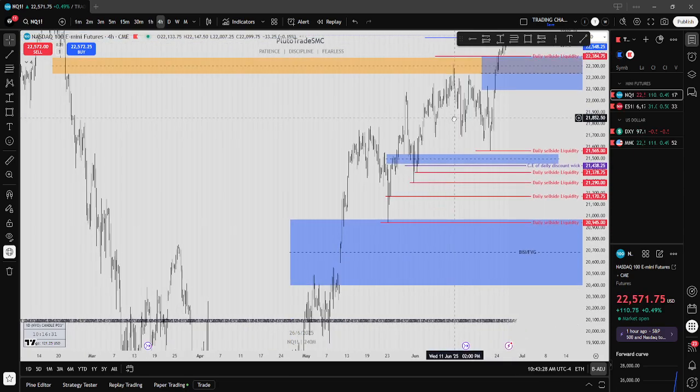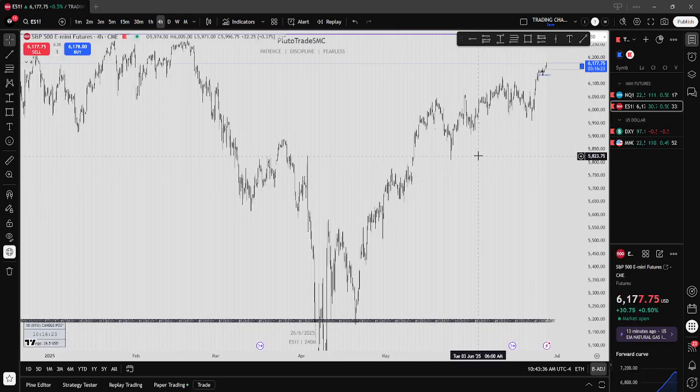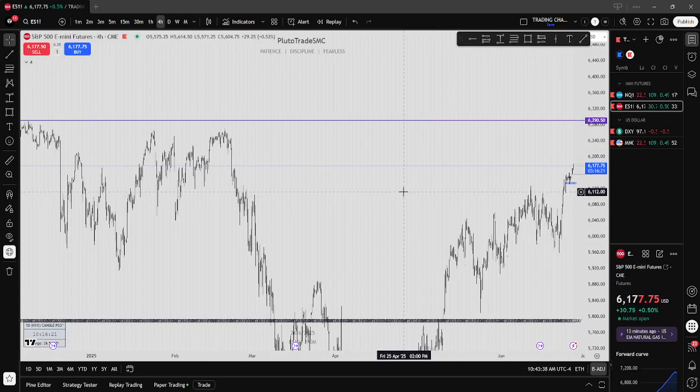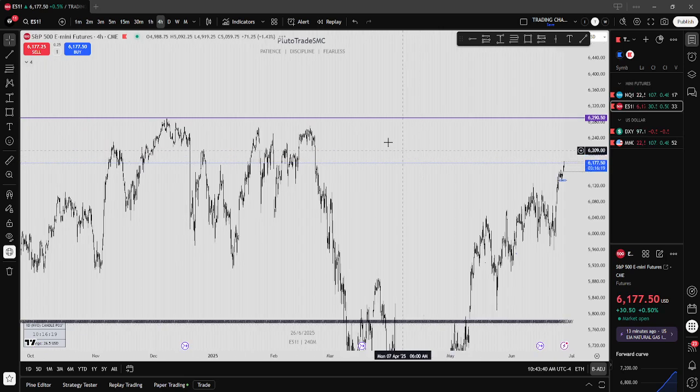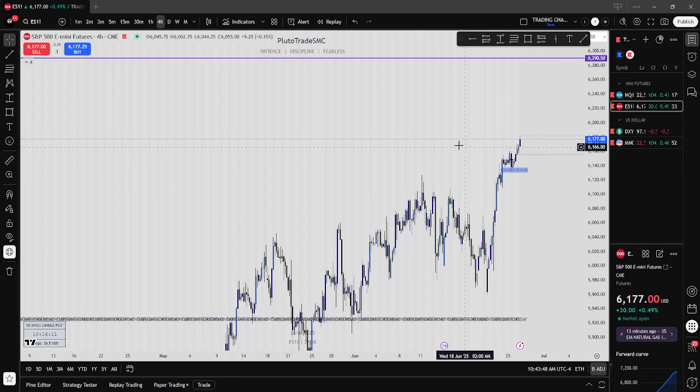We're almost there, where price action becomes, I'll say, high resistance. We're approaching uncharted territory pretty much.